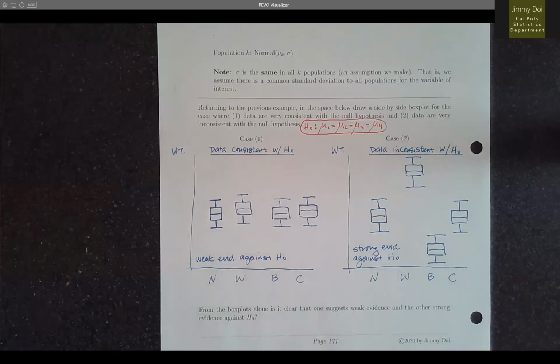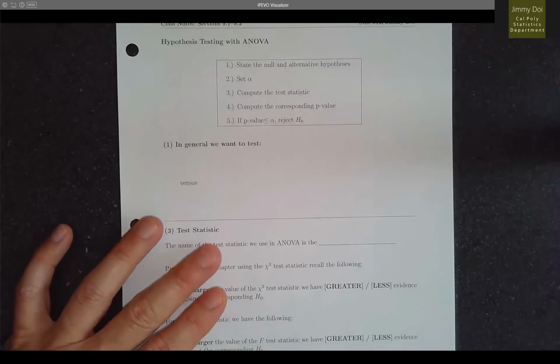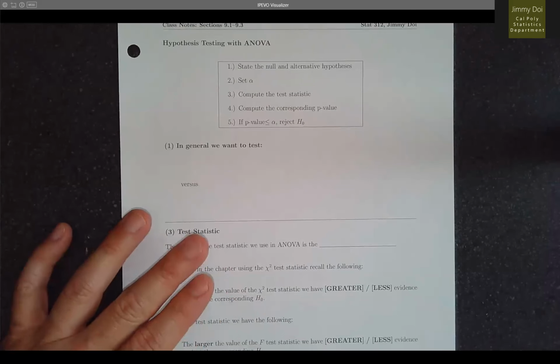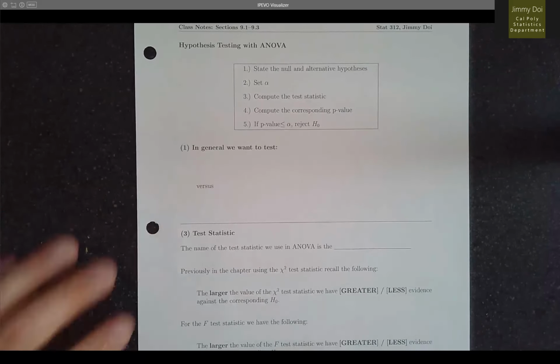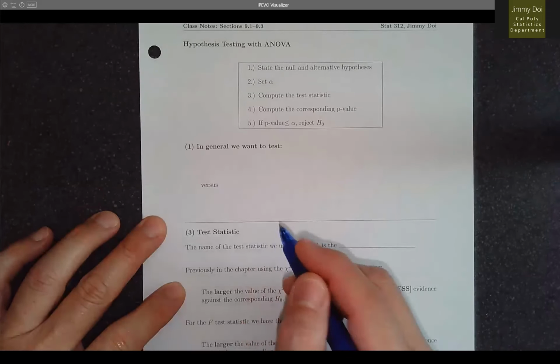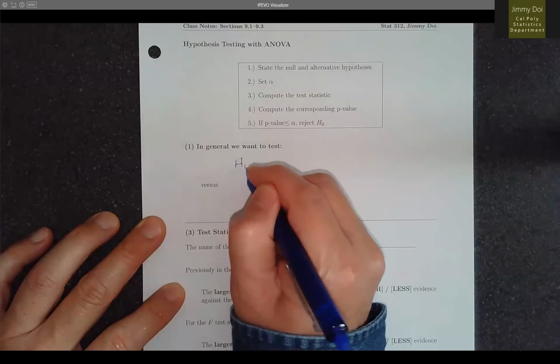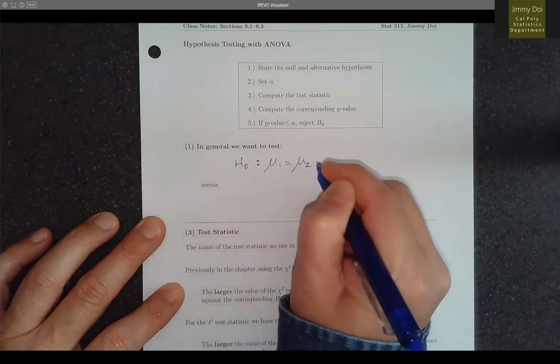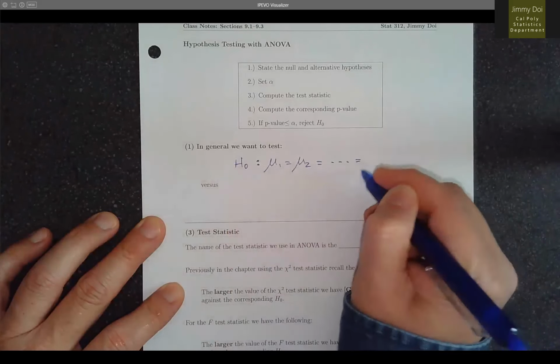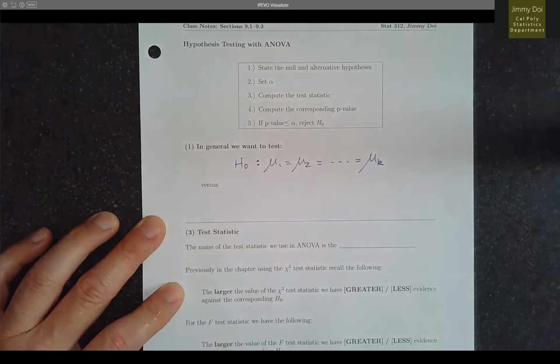Let's go to the next page, page 172. For this hypothesis testing scheme, we're still going to follow this plan, 5-step process. And in general, let's suppose we have K groups, K treatment groups, right? In general, we will write H0: mu1 is equal to mu2 is equal to ... mu K. So they're all going to be the same.